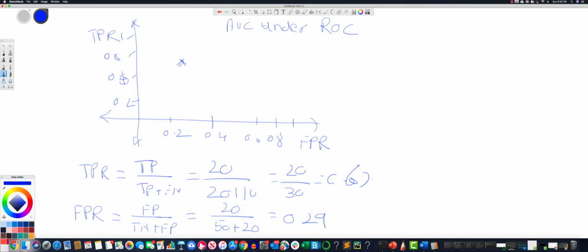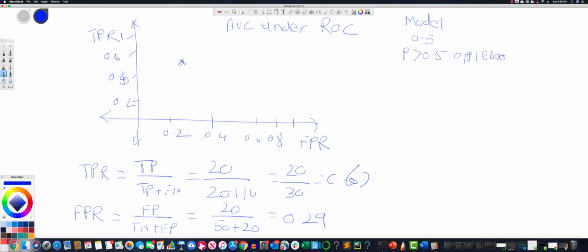Then what you do is, in the model that you saw, our threshold was 0.5. So we predicted that whenever the probability is greater than 0.5, output is 1, else 0, right? And we got these numbers of true positives, true negatives, and so on.